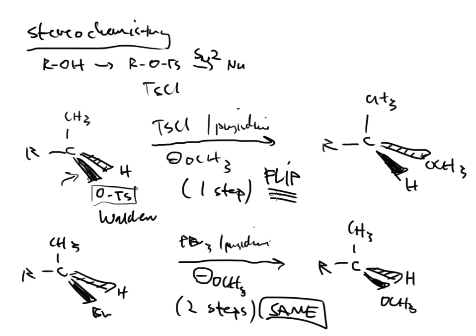So an SN2 happens first, and then another SN2 happens again, and that flips the first time, but then it flips back to the original position in the second time. So this is just something that we're going to deal with just a little bit to kind of think about what goes on as far as stereochemistry goes, in addition to substituting these groups out and getting these alcohol reactions to go forward.